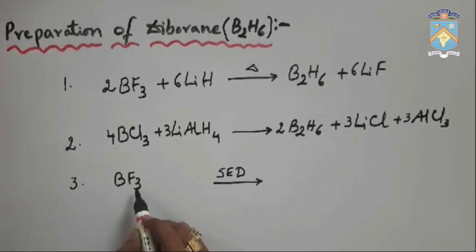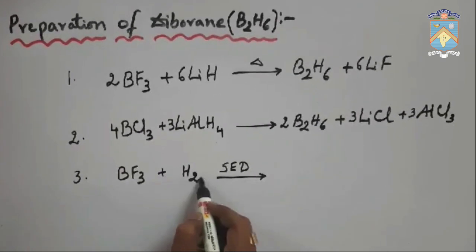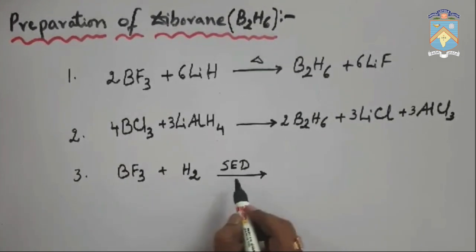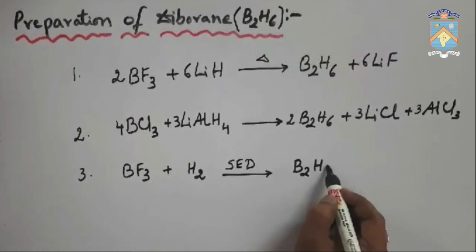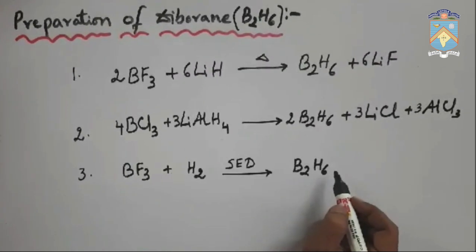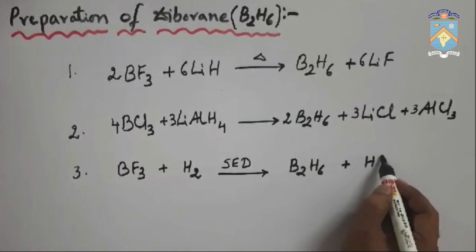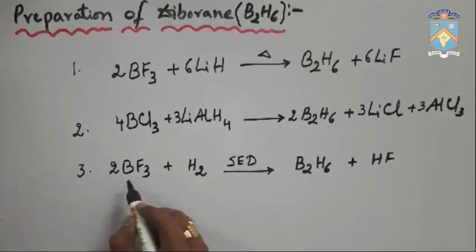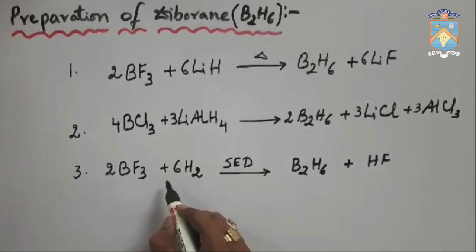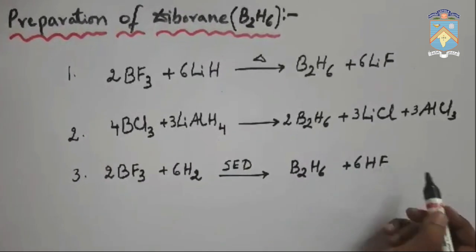So I am taking boron trifluoride gas and treating it with hydrogen in a discharge tube. On silent electric discharge, I am going to get diborane, B2H6, and here the byproduct is HF. So I am going to take 2 moles of BF3 and 6 moles of hydrogen, and I am going to get 6HF as a byproduct here.